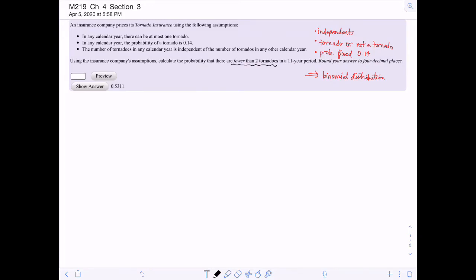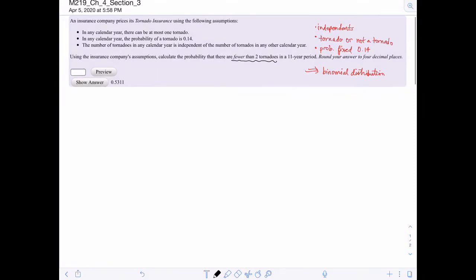Right? Fewer, not at least, but fewer, right? Fewer than 2, let's be careful, it strictly means less than 2, right? It does not include the 2. And then the 11-year period, well, that's talking about the tornadoes. Remember, there's a tornado every year, so they're saying either 11 tornadoes or 11 years, right?